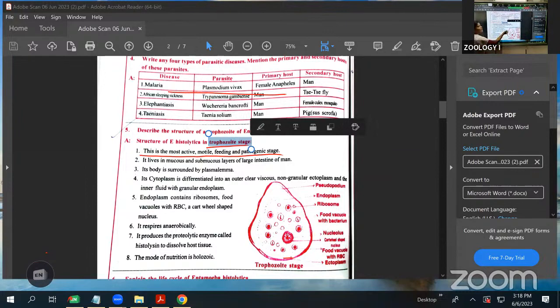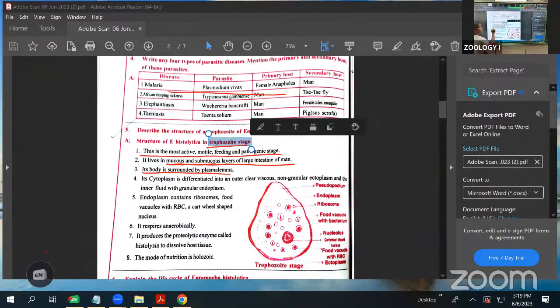Where do they live? The trophozoite stage is present in the mucosa and submucosa layer of the large intestine of man. The large intestine has 4 layers, as I said many times: serous layer, muscle layer, submucosa, and mucosa layer. The trophozoite is present in the inner 2 layers. Next, the body is surrounded by the plasmalemma.